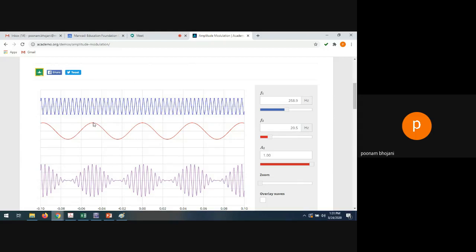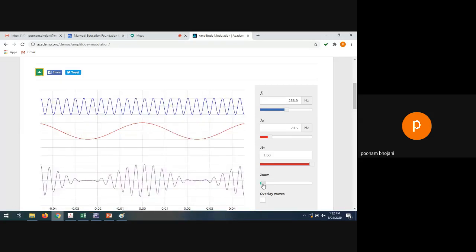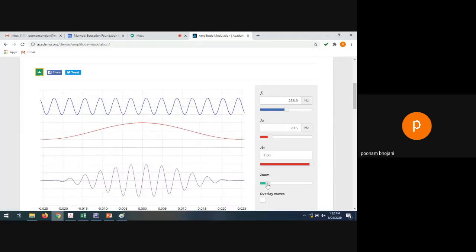After this peak, the signal will start decreasing up to here, so the carrier signal amplitude will decrease up to here. Again, if it is increasing, your signal amplitude will increase. If it is decreasing, your carrier signal amplitude will decrease, and so on. So this is your carrier signal, this is your modulating signal, and this is your amplitude modulated signal. You can also see it by zooming.